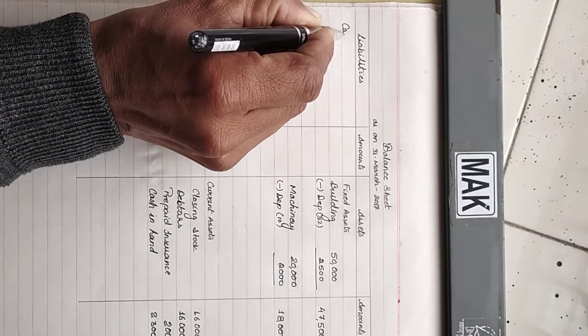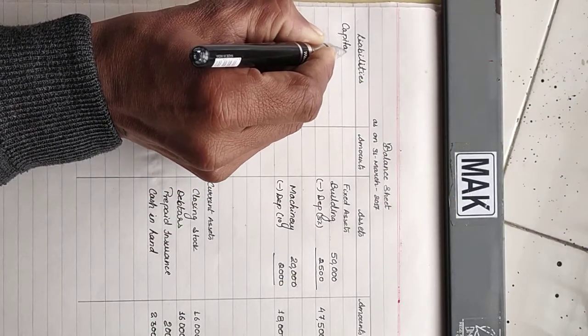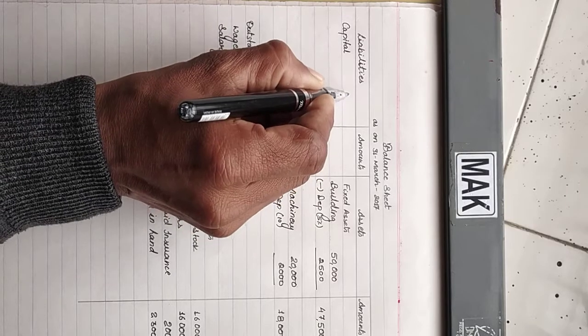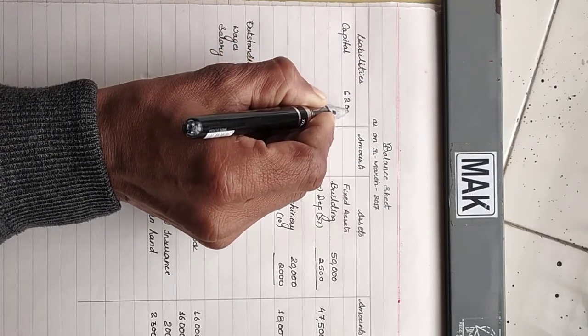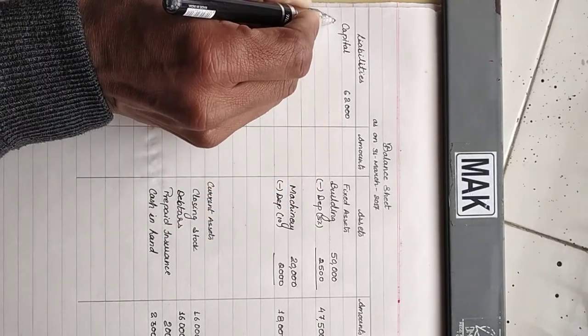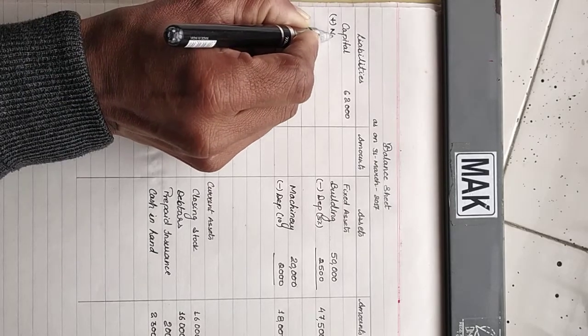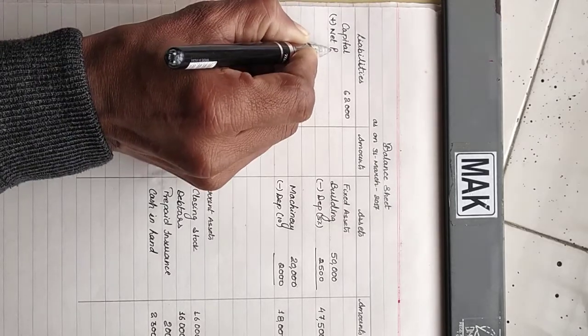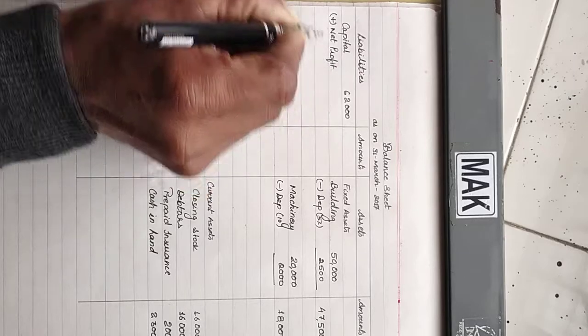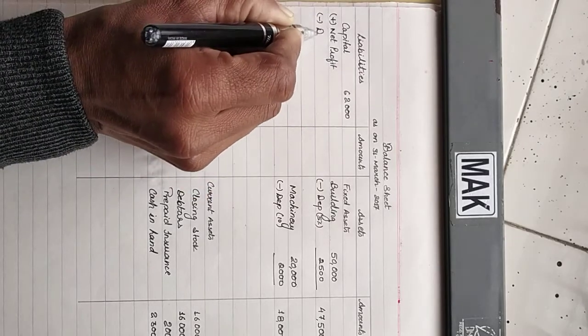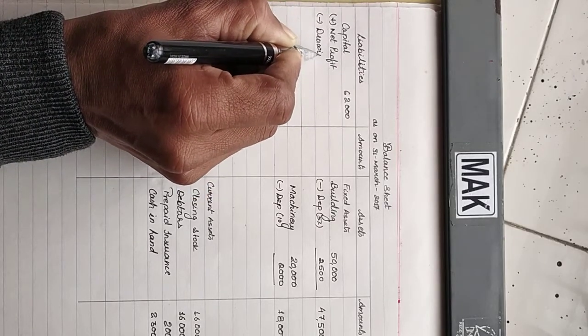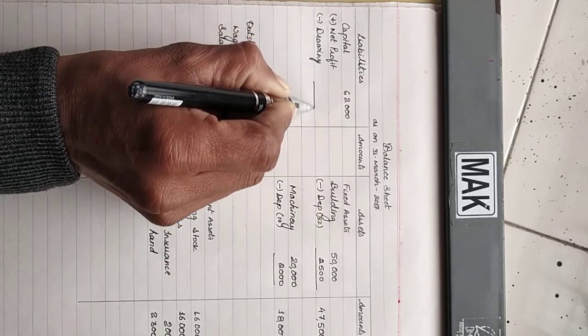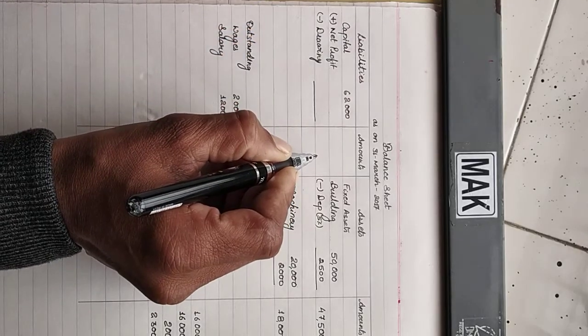Now capital, I have already written here capital. You see the capital will first come. Capital is your 62,000. By the time you have to write here net profit, and subtract with drawings. Whatever the calculation will come, we will post that calculation here.